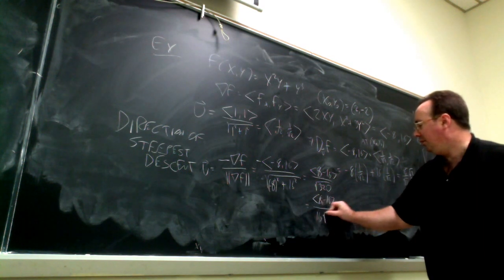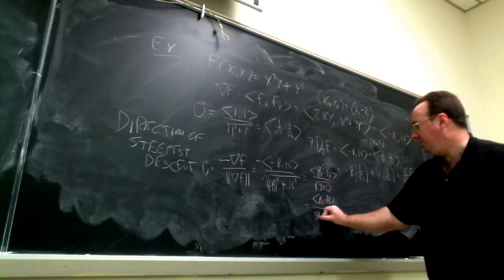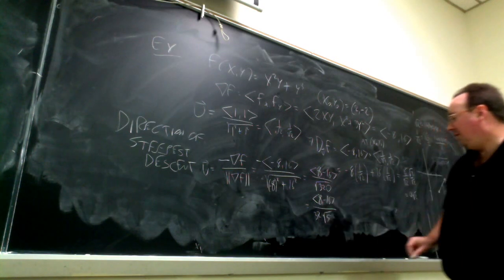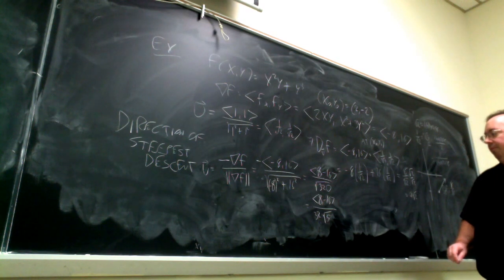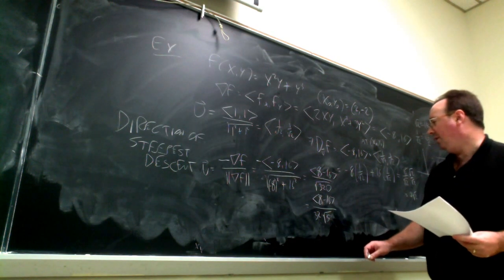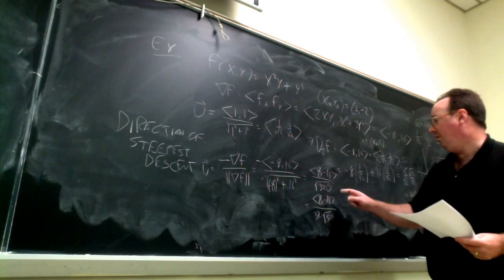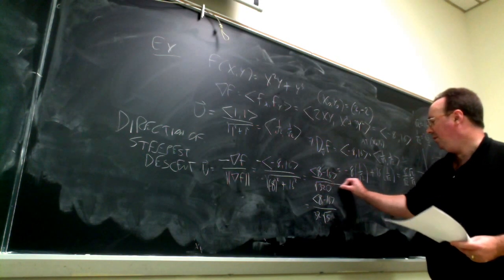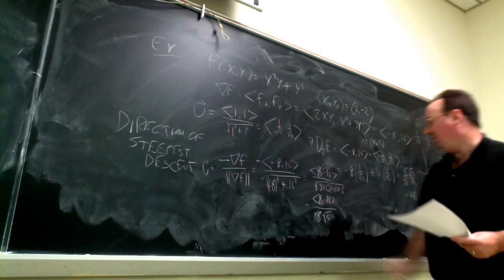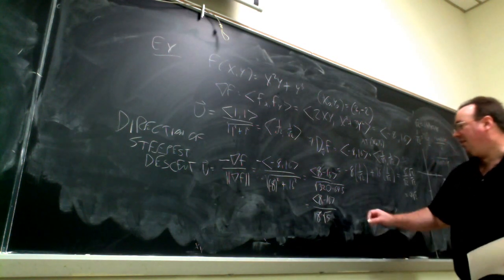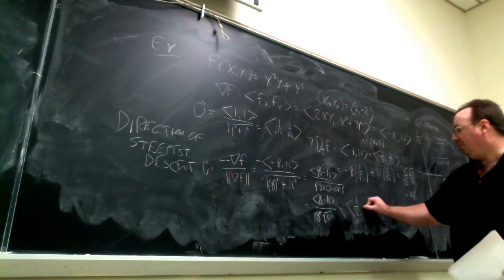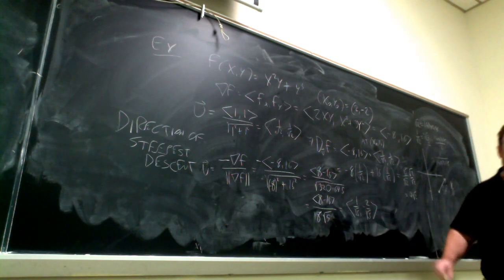So 320 is 64 times 5, square root of 5. Okay, so now we can simplify this to 1 over square root of 5, minus 2 over square root of 5.